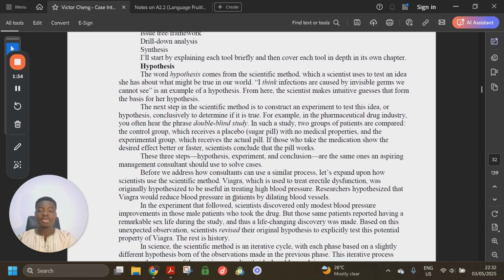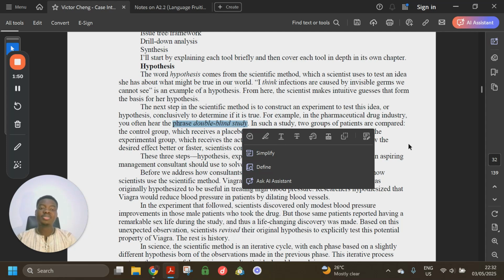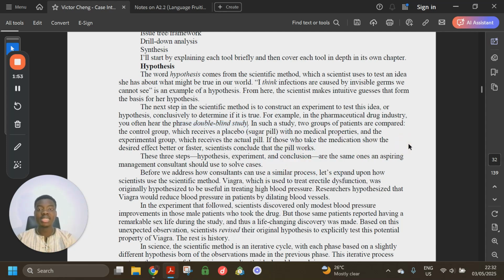So after forming your hypothesis, you then need to construct an experiment to test your idea, and then finally conclude if it is true or not. Victor gives the example of the phrase double-blind study, which is used in pharmaceutical industries to test the effects of drugs. And most of the time, what they do is that when they've developed a drug, they also have a placebo, which is also a drug, but maybe it has no medicinal properties.